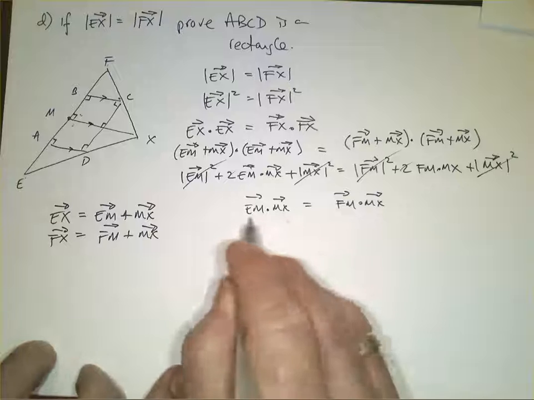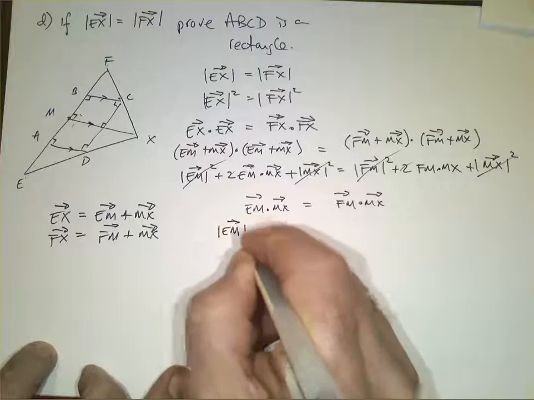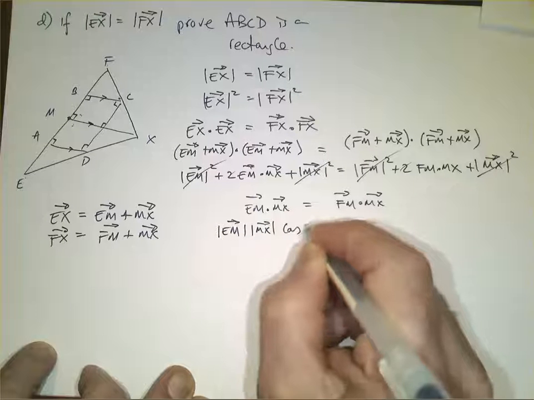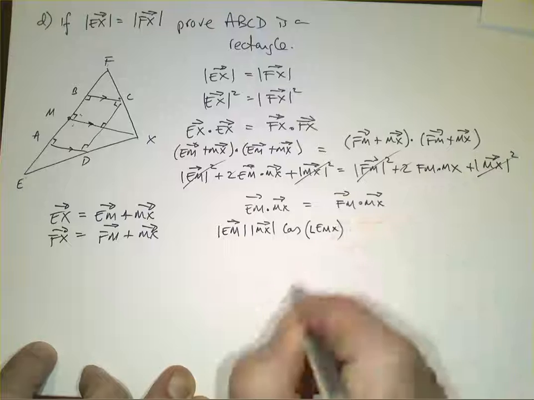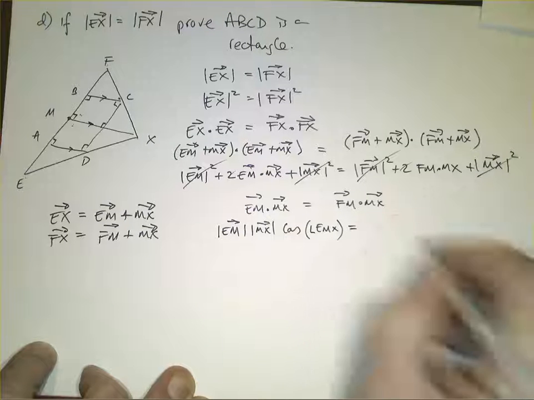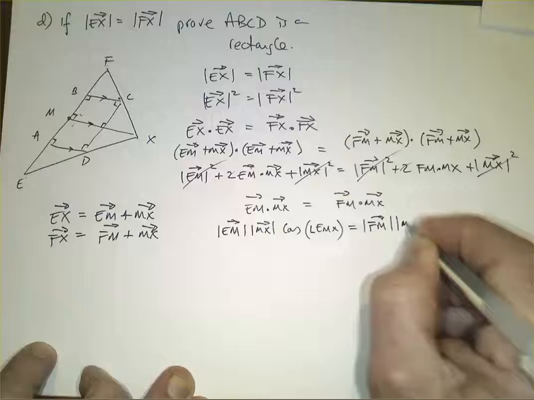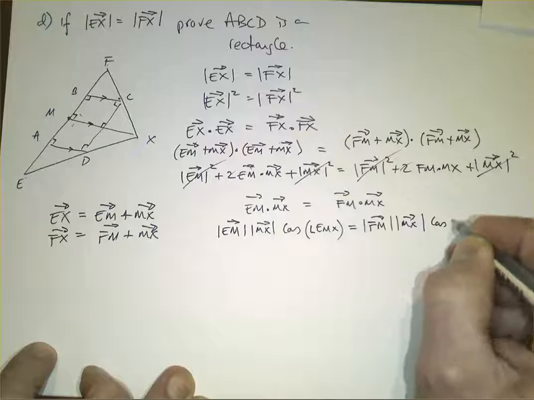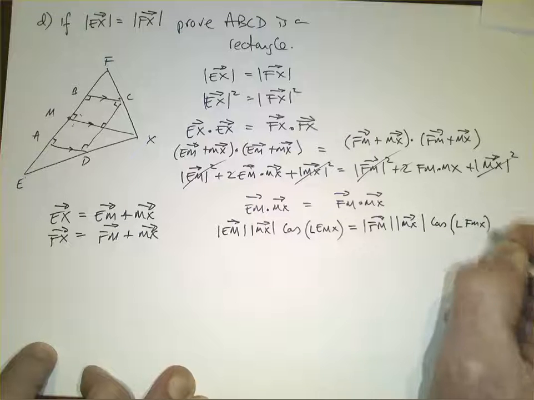The dot product of EM dot MX would be the magnitude of EM times the magnitude of MX times the cosine of the angle from E to M to X, and that should equal the magnitude of FM times the magnitude of MX times the cosine of angle FMX.